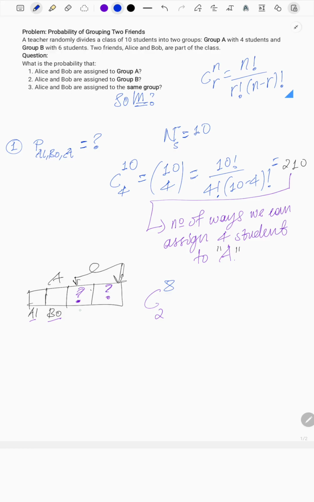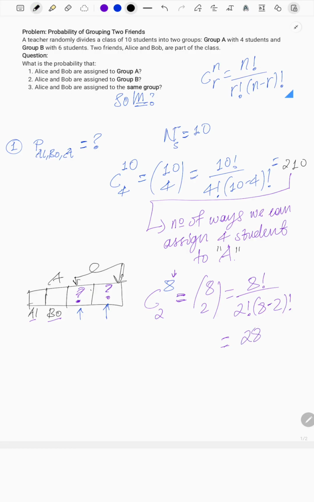So for these two spots, we need to find the number of ways we can fill these two spots from the remaining 8 students. So this is going to be 8 choose 2 equals 8 factorial over 2 factorial times 8 minus 2 factorial. Using a calculator, 8 combination 2, you will get 28.